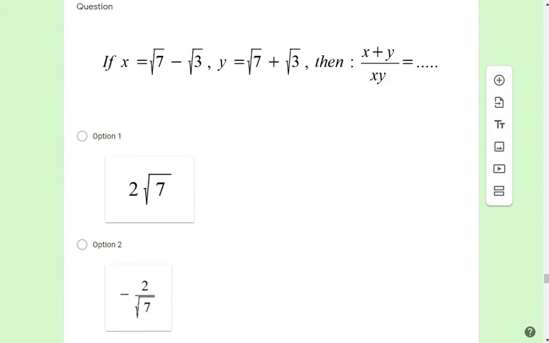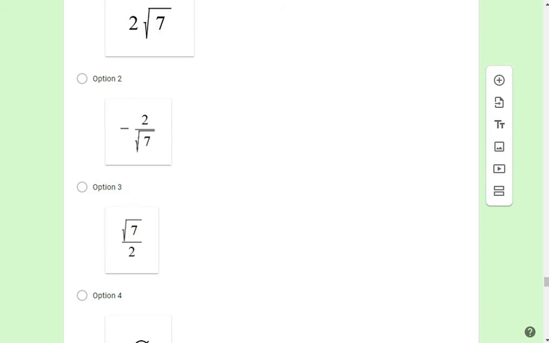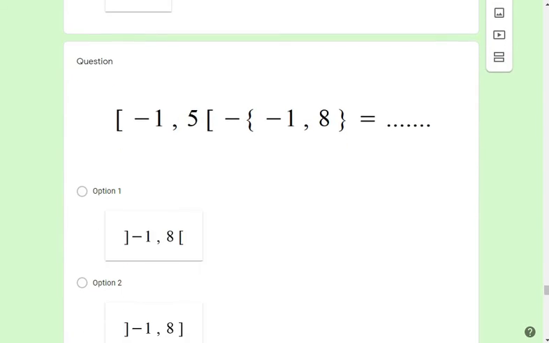The next, if x equals square root 7 minus square root 3 and y equals square root 7 plus square root 3, then (x plus y) over xy equals what? Choose one of the following answers: 2 root 7, negative 2 over square root 7, square root 7 over 2, or 5.